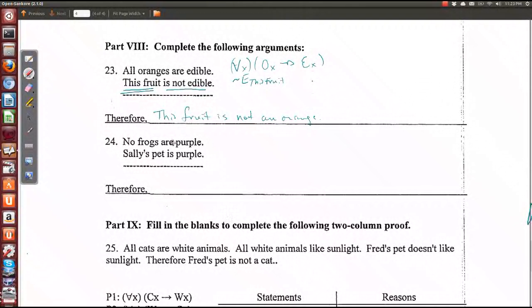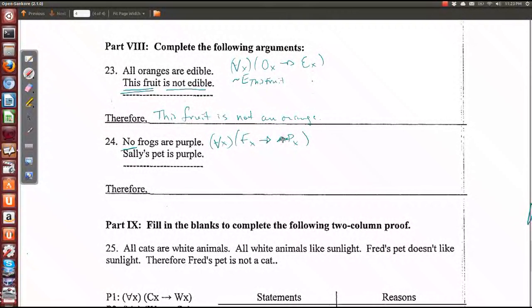For number 24, I'm dealing with no frogs are purple, so I'm doing a universal x, x is a frog, conditional x is not purple. Because of this no, I need to have negation.